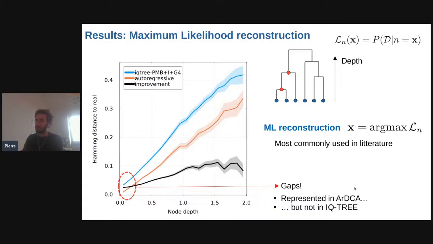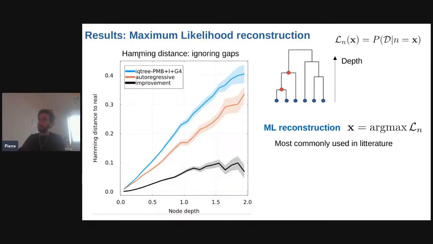Maybe you have some more complicated models, but in the basic settings, what they assume is that gaps are missing information in a way. And so every time you have a gap, some amino acid gets reconstructed. And in this case, this is completely wrong, because the ancestral sequence sometimes has gaps. This is the reason for this delta here: we're able to model gaps in a way that makes a bit more sense than the current state of the art.